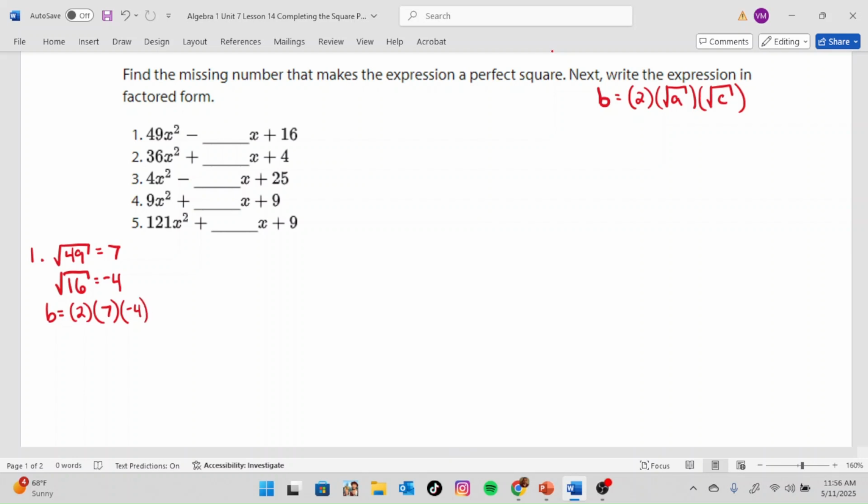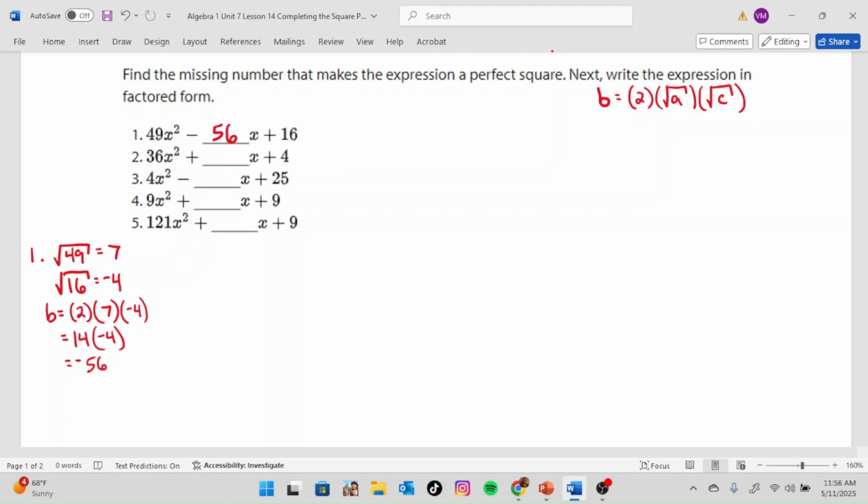2 times 7 is 14, and 14 times -4 is -56. So the missing number is 56.